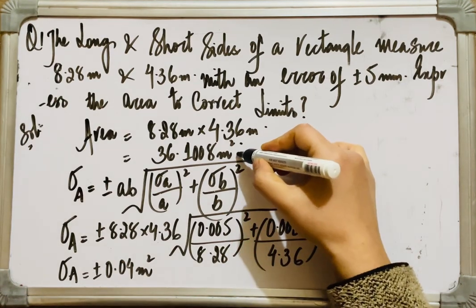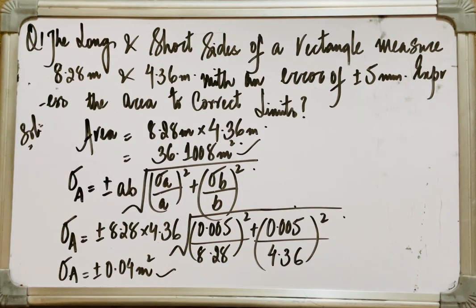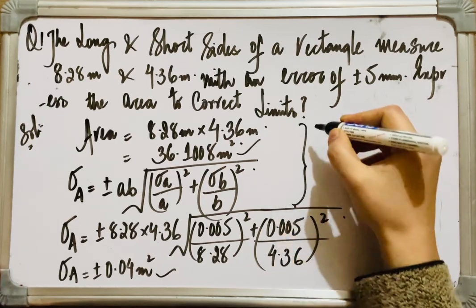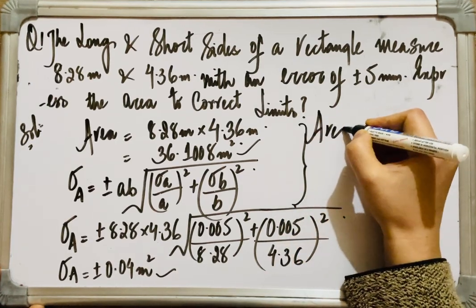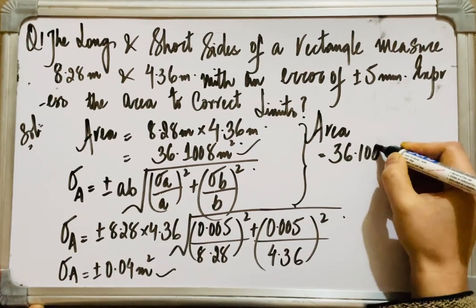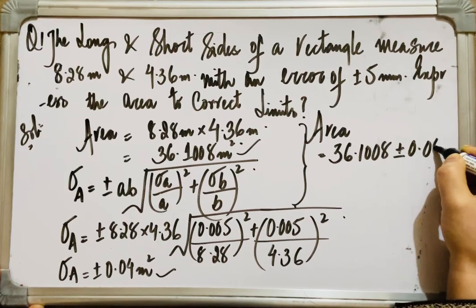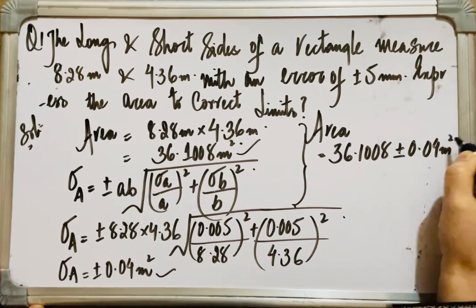So by this time, I have expressed my area, that is 36.1008 meter square, and I have also calculated the error in area. Now I have to express the area to correct limits. Now area is 36.1008 plus minus 0.04 meter square.